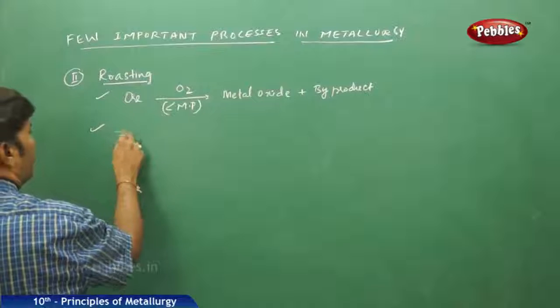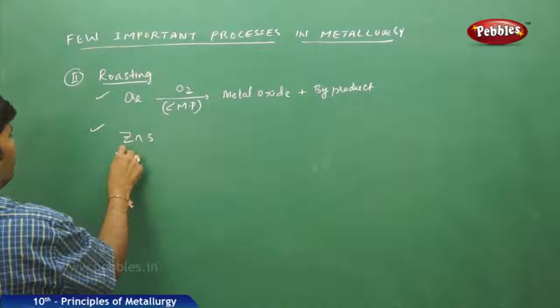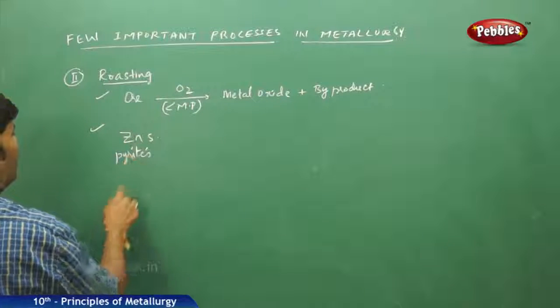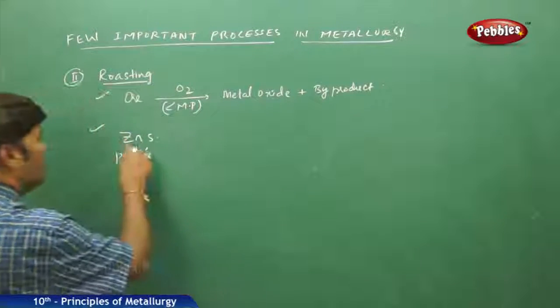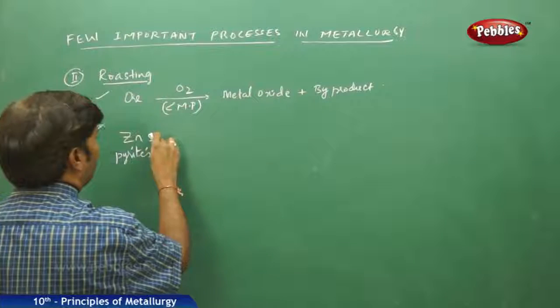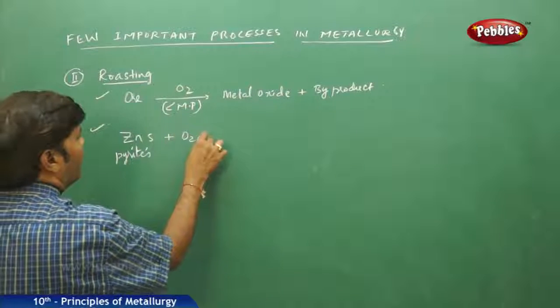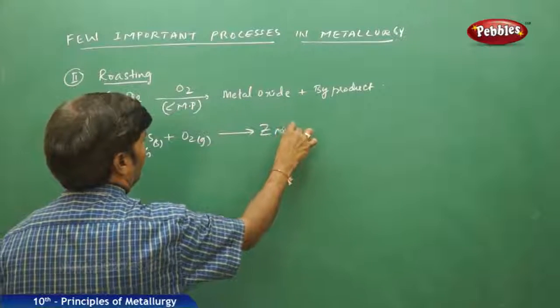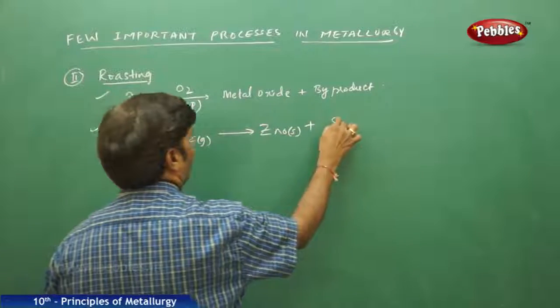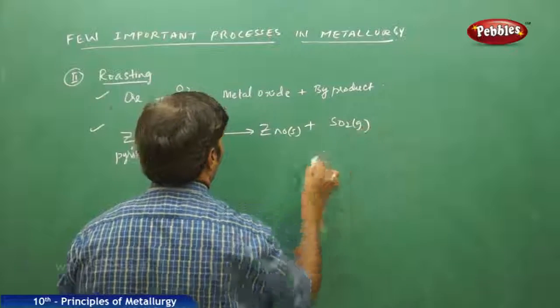So if you take for example pyrites, all pyrite mineral ores are subjected to roasting. Zinc sulfide, zinc pyrite, if you take it and treat it with oxygen gas, it gives zinc oxide solid plus sulfur dioxide gas.